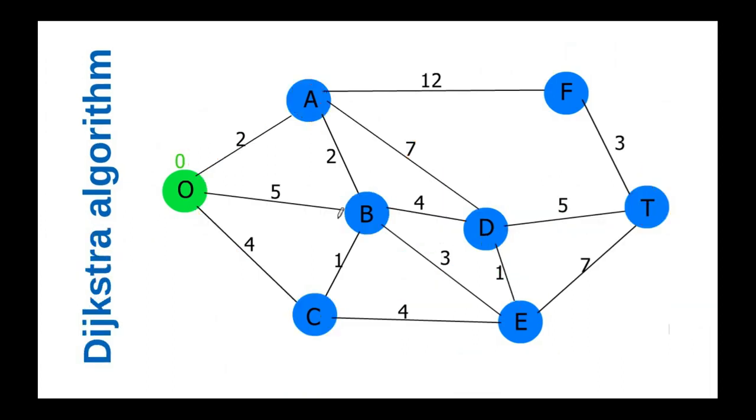Let's have a look at the Dijkstra algorithm. We start here again and we check now not the heuristics but the weights of the edges that connect the actual node with all the candidates, all the neighbors to this actual node.